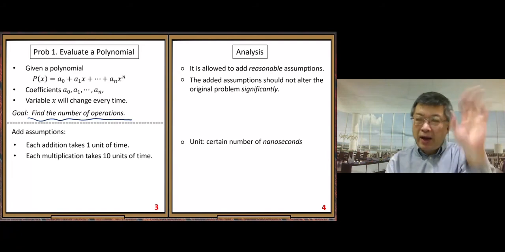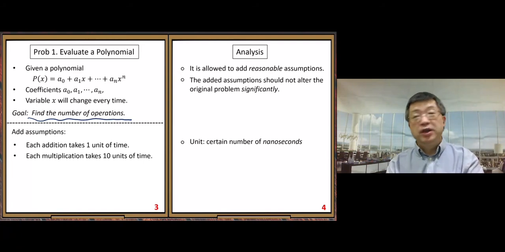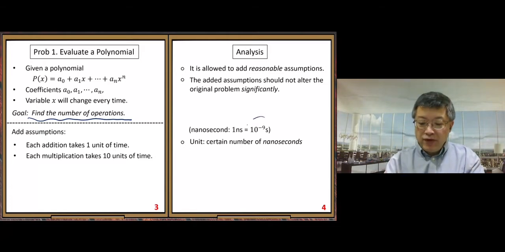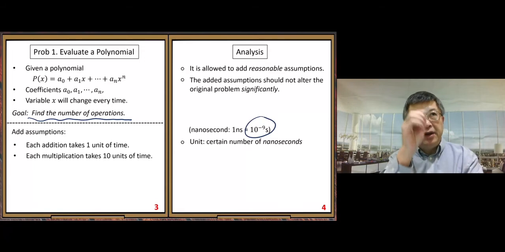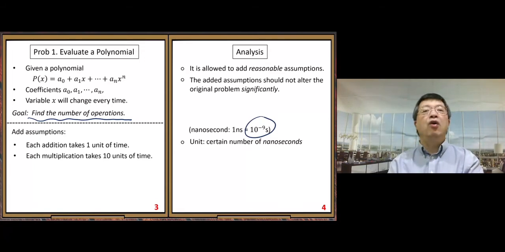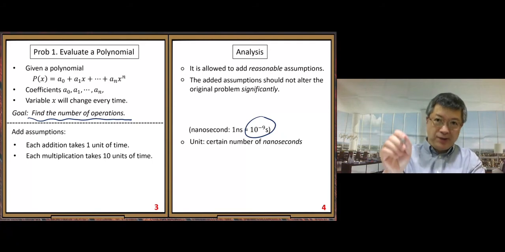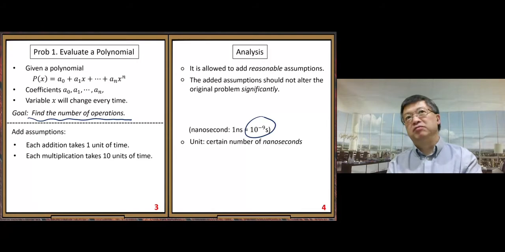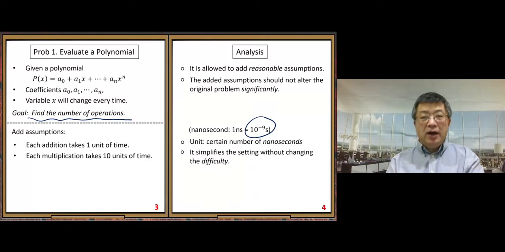Pretty much in that category. But we don't need a precise number there. Here we know a nanosecond equals 10 to the negative 9th second, or 1 billionth of a second. That's small. Okay? All right.